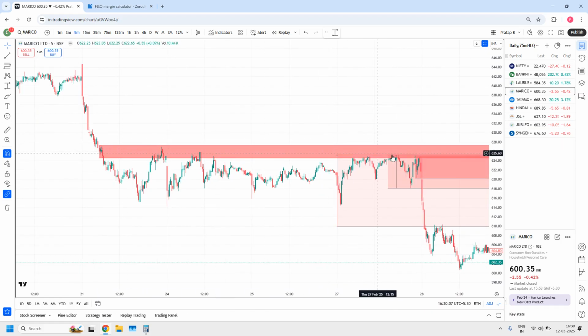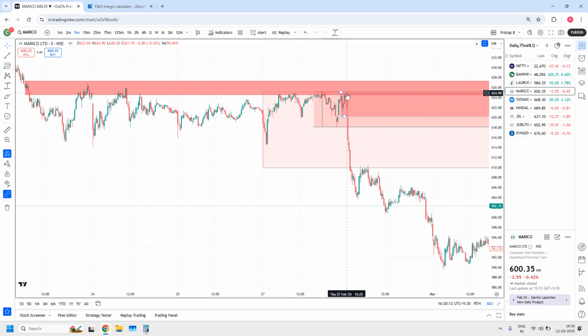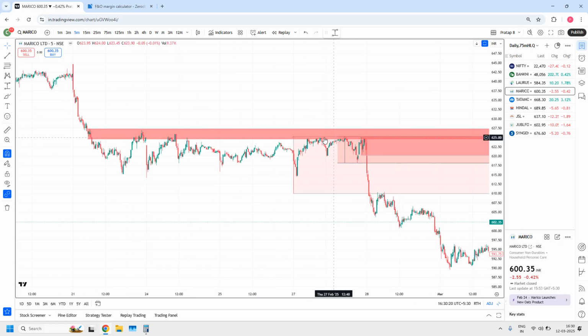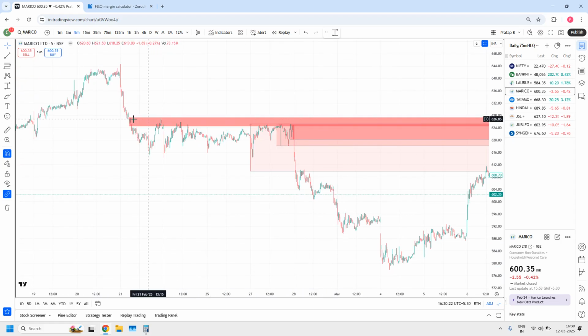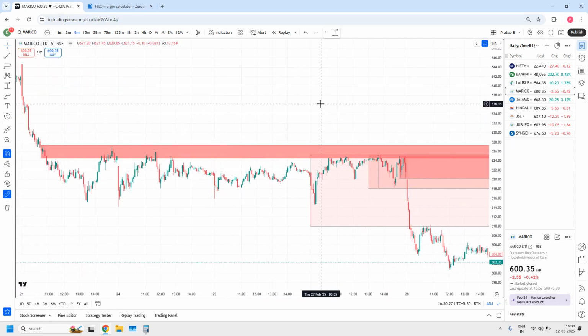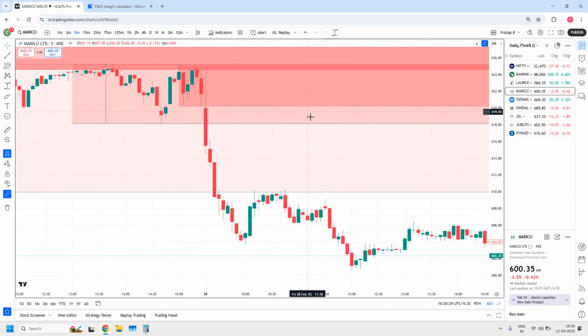Such kinds of zones will have strong institutional order flows. See, from here it picked up the orders and sharply it came down and the entire leg-out formation is completed. Who is the origin? This 5-minute zone. So that is the reason why I have drawn this 5-minute zone. Anyway, if there is no 5-minute zone, this rally base drop is already tested in this candle, and you may not be taking the trade.